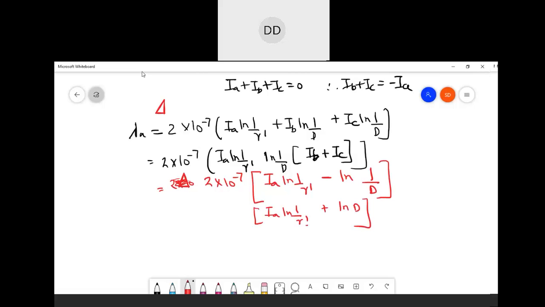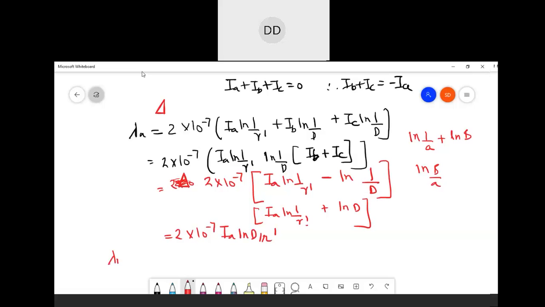We know ln of 1 by a plus ln of b, the addition part, can be written as ln of b by a. So on similar grounds we can write 2 into 10 power minus 7 Ia ln of d by r dash. So this was for the circuit phi a.